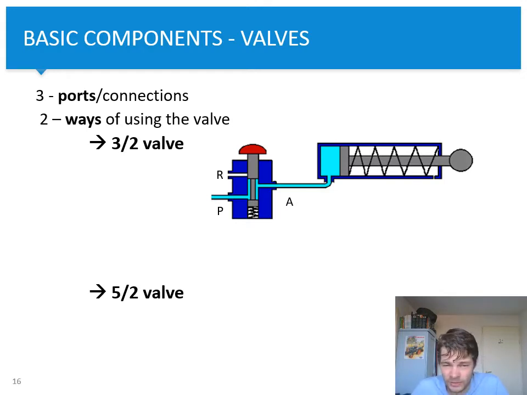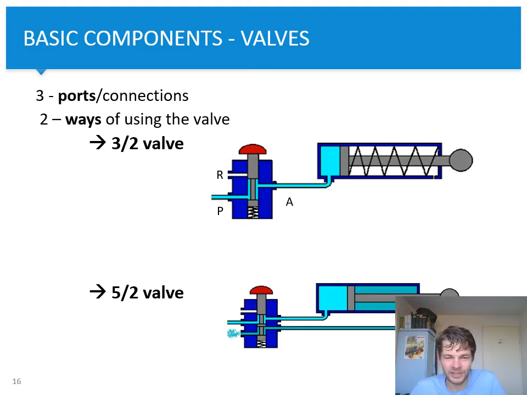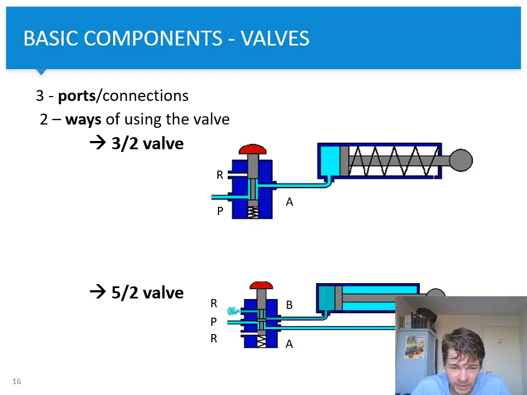Okay, well, let's go to the 5-2 valve, although I didn't expect to do this the other way. Let's show it. Over here we have a double acting cylinder. Now we have the pressure side in the middle and 2 retour hoses. Or if it's pneumatics, it can even just be a vent, so we can blow the air off.